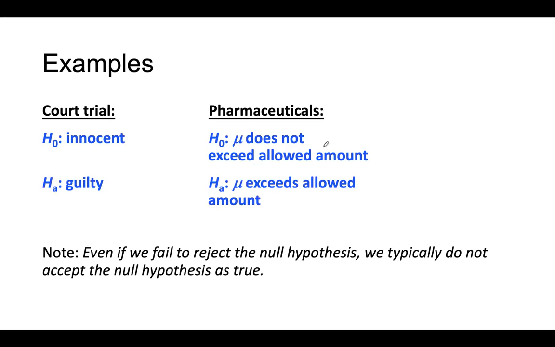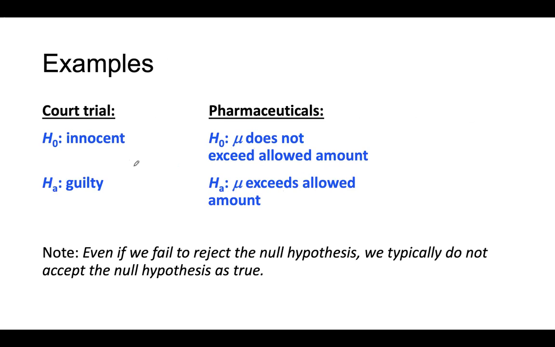Back to the examples: in the pharmaceutical case, the null hypothesis would be the mean does not exceed the allowed amount, and the alternative would be the mean exceeds the allowed amount.